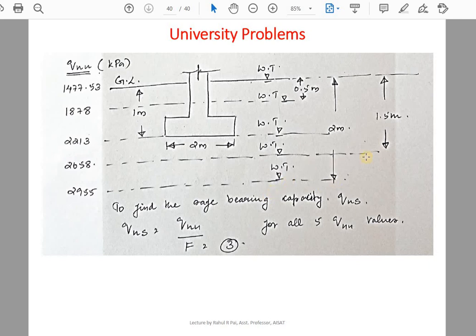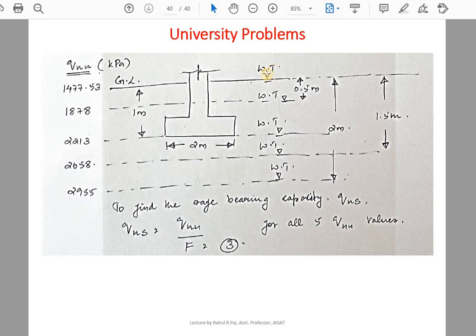There is a slight mistake here. Here you take the water table is at a depth of 2 meter from the base of the footing. Okay, water table is at 2 meter from the base of the footing. Already I have marked here the depth of the water table, so you won't be confused with that.